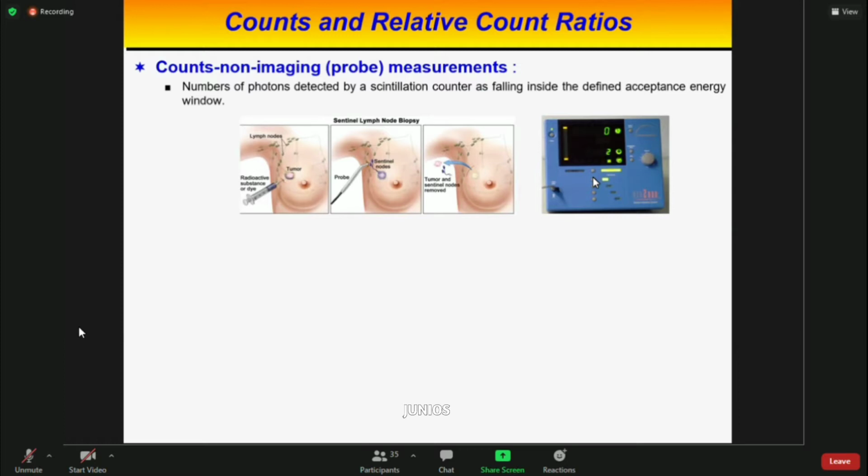Examples are obtaining the cumulative activity in the sentinel nodes, and dosimetric studies to obtain the cumulative activity over a time period.